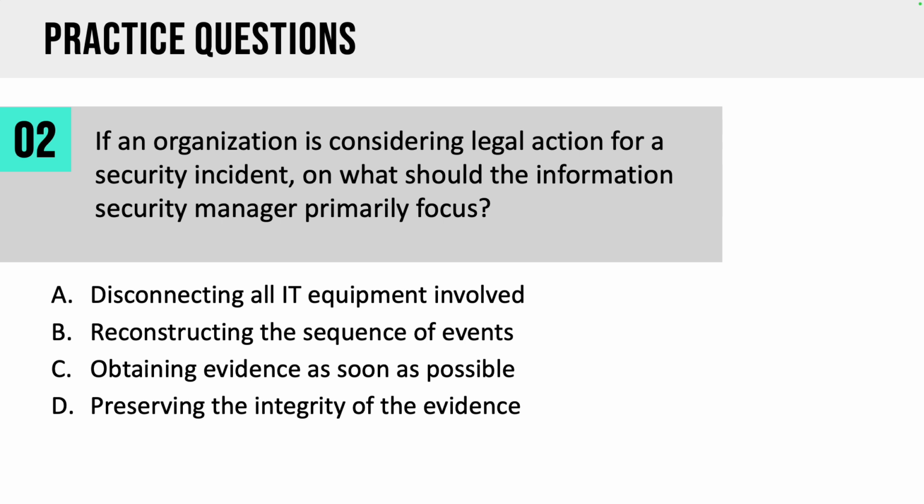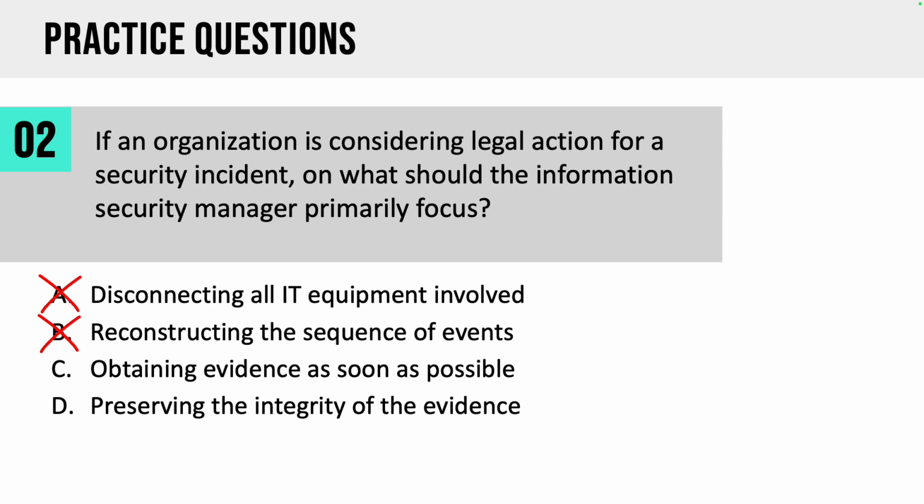Well, there are a couple of things we can knock off the list here because they're definitely not the most important thing, regardless of their importance. So disconnecting all IT equipment, not the first step. That's taking an action without potentially some investigation. Reconstructing the sequence of events, that's a forensic activity. Also, not the most important focus of the information security manager.